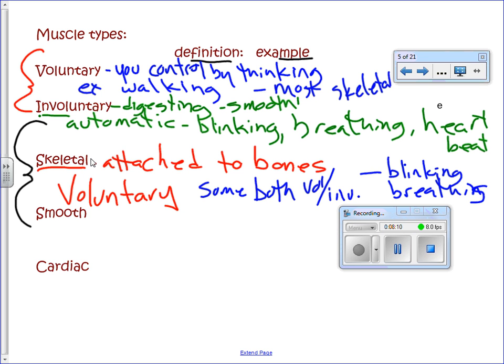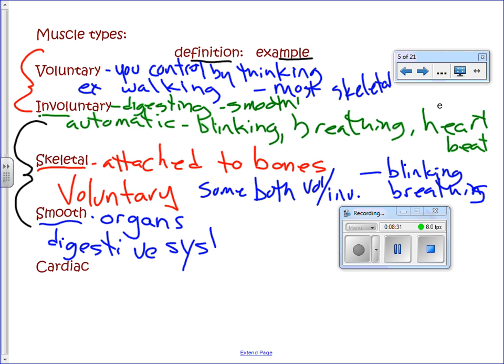Next is smooth muscle. Smooth muscle is found in the organs, and that might seem confusing because you're like, what organs need muscles? Well, the biggest, most obvious example is throughout the digestive system.